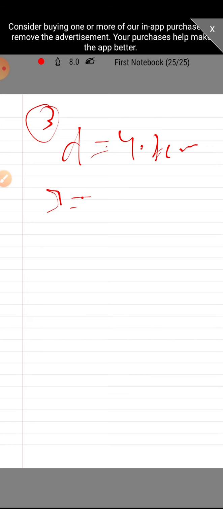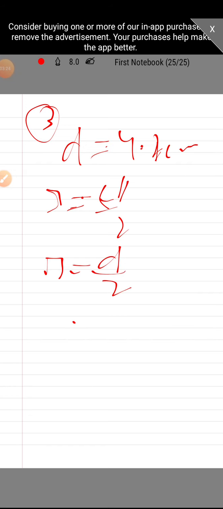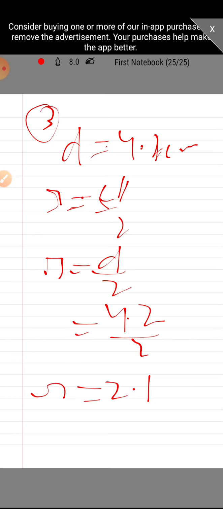So r is equals to d by 2. Again I write, r is equals to d by 2. So d is 4.2 upon 2, so we get 2.1. So r is equals to 2.1 centimeter.